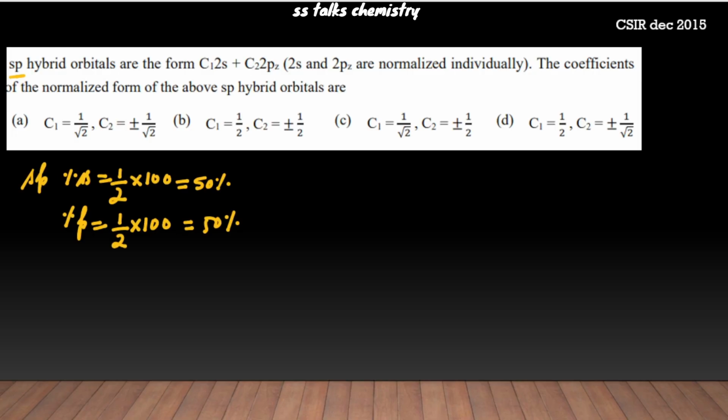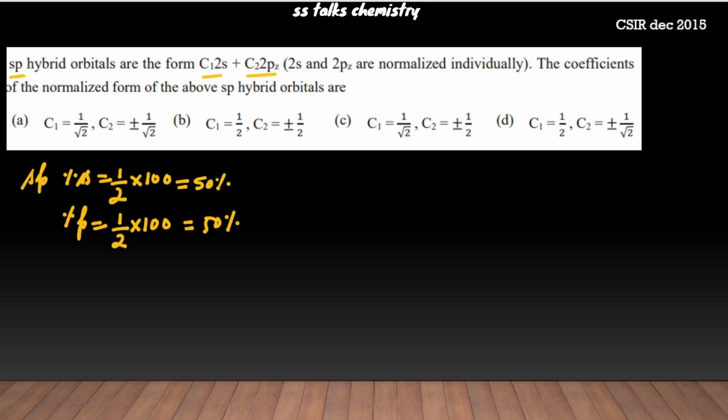Okay, so this is written in the form of the wave function, which is c1 2s plus c2 2pz. So one s and one pz orbital they have taken, 2s and 2pz, and they are individually normalized. So these are normalized wave functions. What are the coefficients of the normalized form of the above sp hybrid orbital?